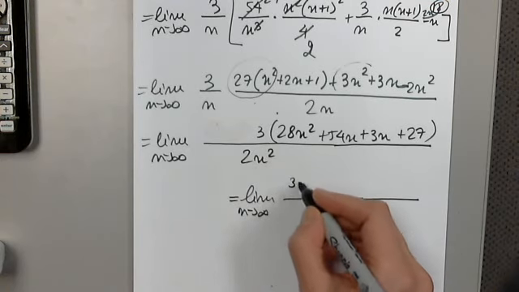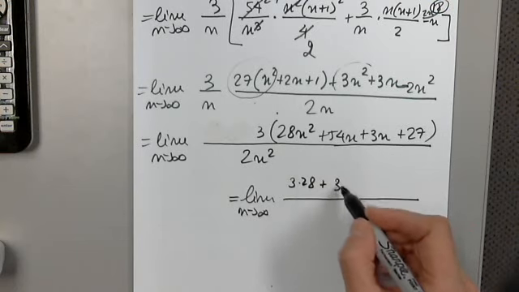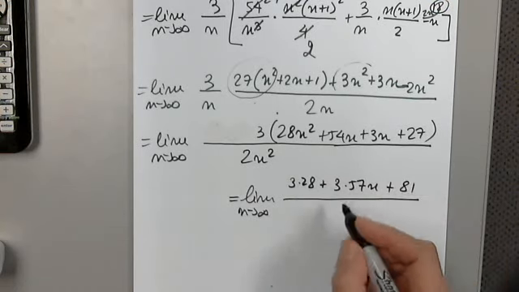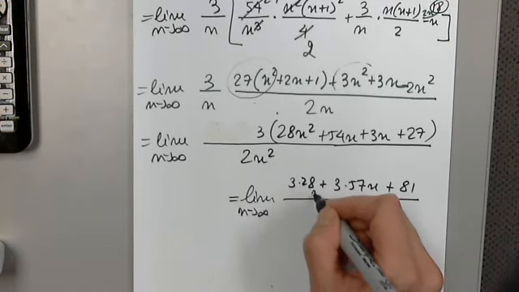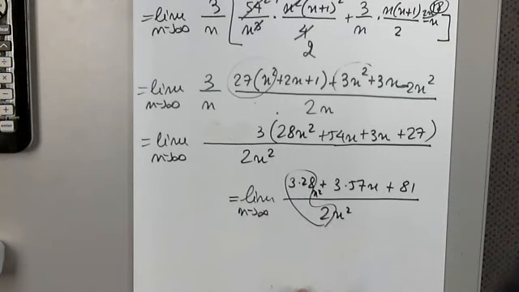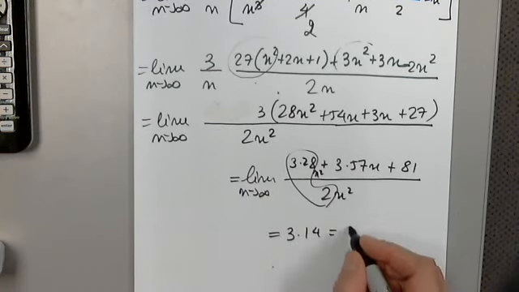So it's 3 times 28 plus 3 times 57n plus 81. So it's this. So it's 3 times 14, exactly, 42.